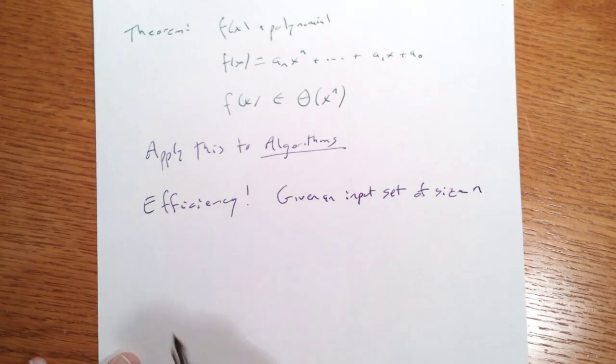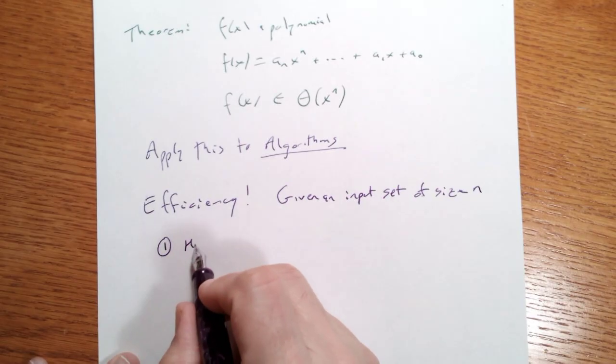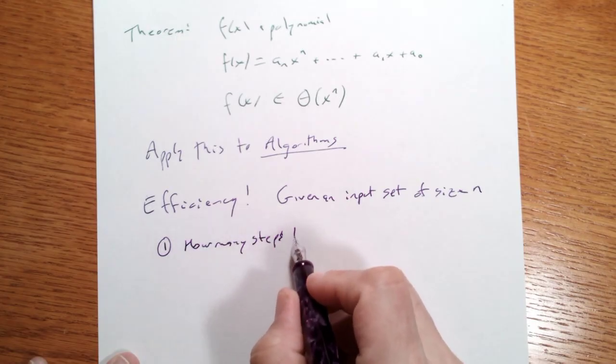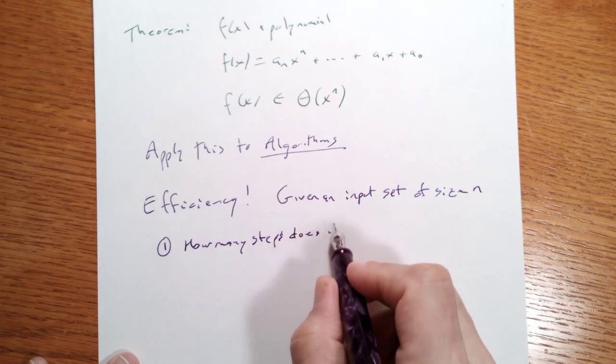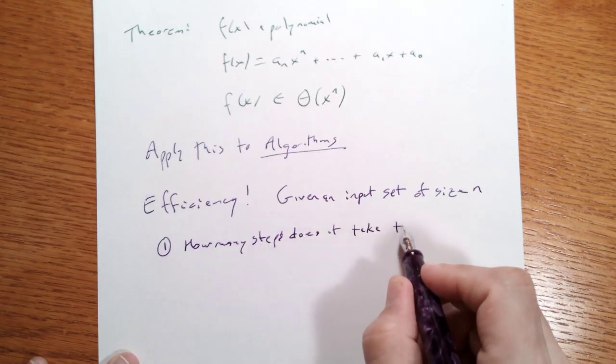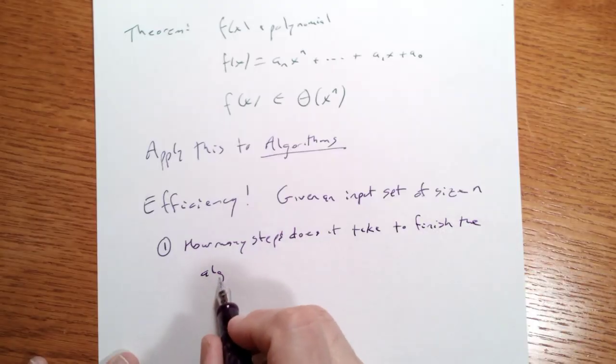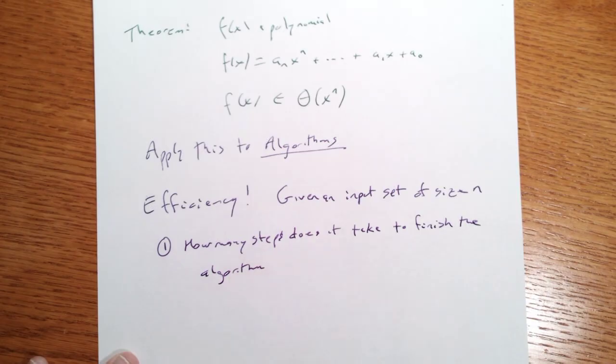We can ask two different questions. How many steps? The reason we count the number of steps is because computers keep getting faster. So counting the actual time isn't as important as knowing the number of steps.